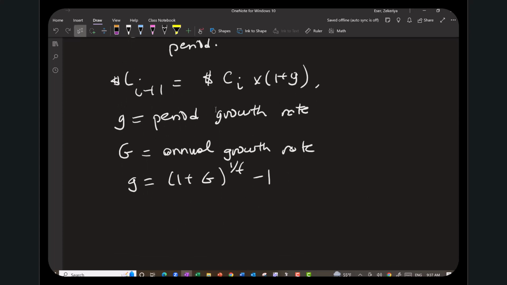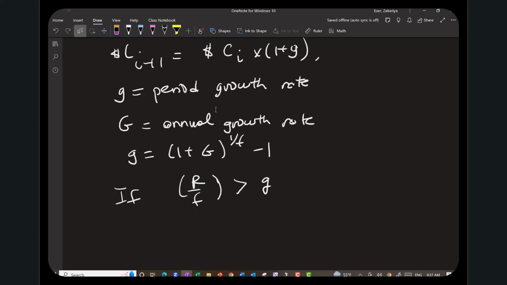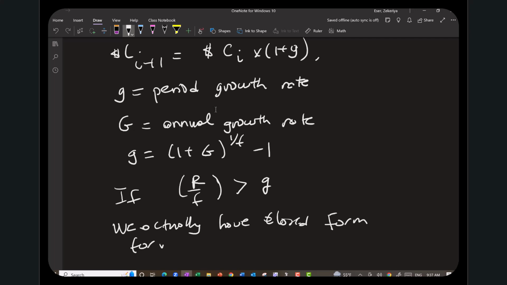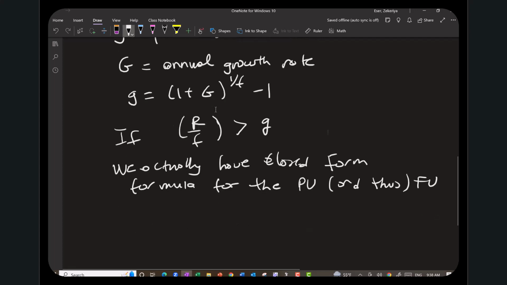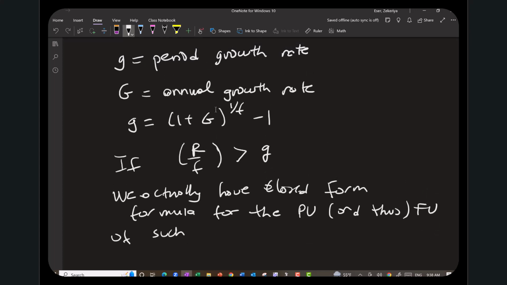And if the following is correct, if R over F is greater than little g, we actually have a closed form formula for the present value and thus future value of such annuities.